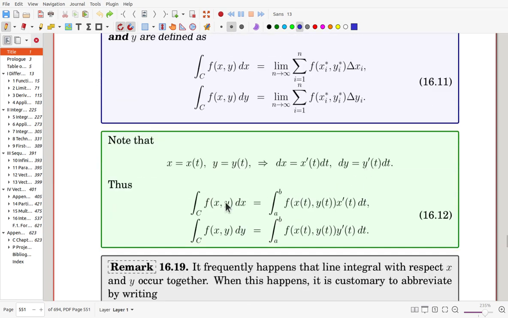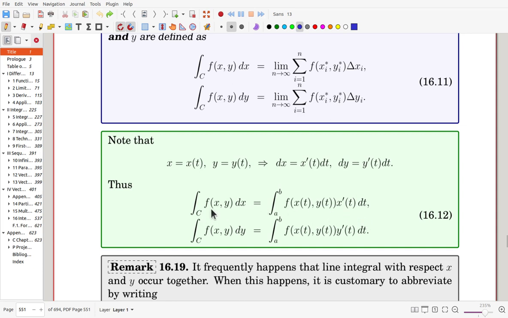Once the curve is parameterized, x is x(t) and y is y(t). So the differentials dx and dy can be written in this form, and we use these to get this formula.